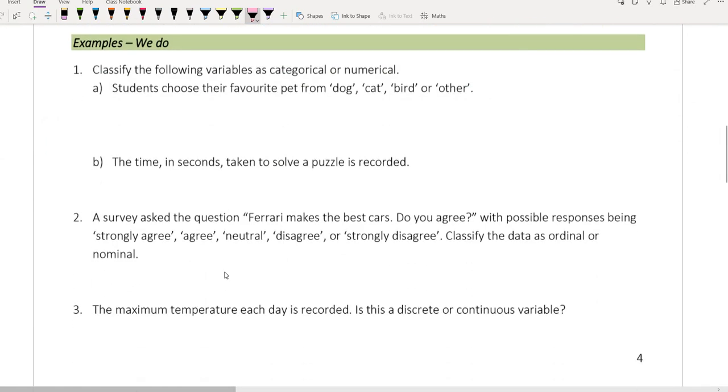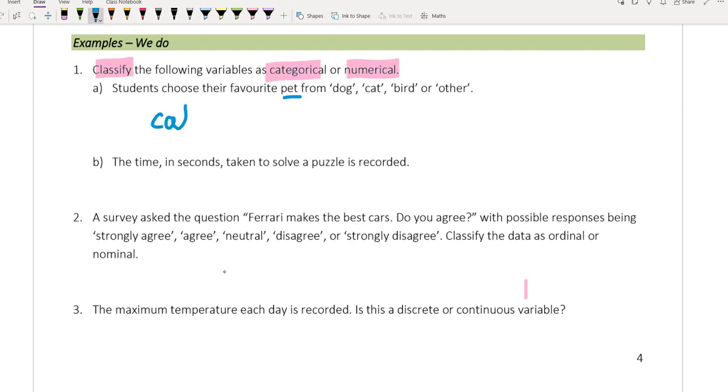Now let's look at some examples together. So we're classifying the following variables as categorical or numerical. So that's all we have to do. So if we have favorite pets, dog, cats, birds, or other, they are in categories, they're not in numbers, so it's going to be categorical. The time in seconds, it's in numbers, so it's going to be numerical.